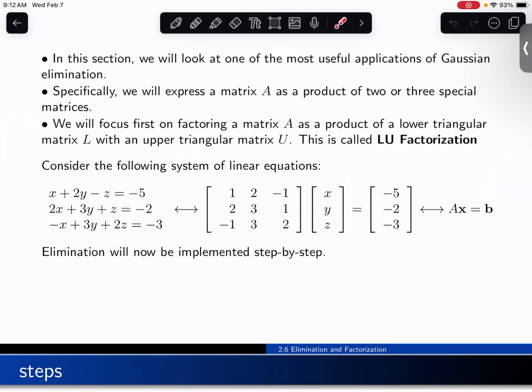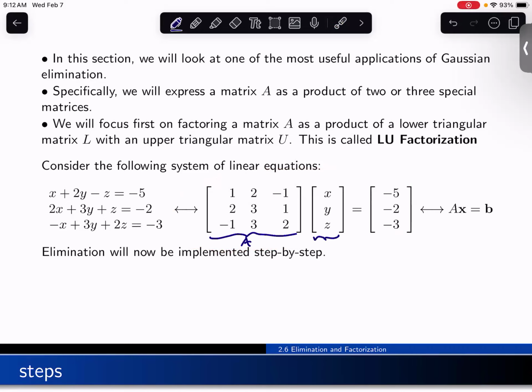We're going to begin by considering a system of linear equations. This is a 3x3 system of linear equations on the left-hand side. If we wanted to translate it into the language of matrices and matrix multiplication, it would become the following, where this larger matrix is going to be our A.